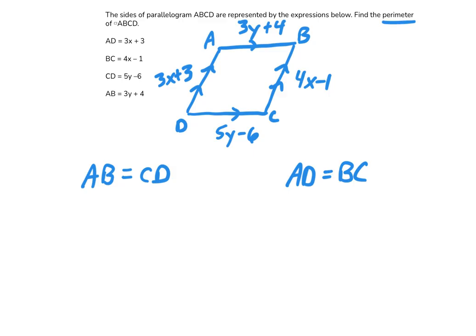So I can take what I'm given and I can set them equal to each other. Here's AB, here's CD. So we're going to do 3y plus 4 equals 5y minus 6. Is that equation something I can solve? Do we have more than one different variable in it?